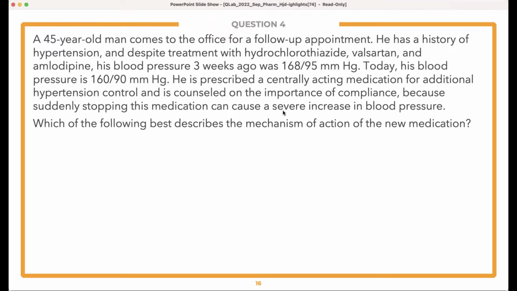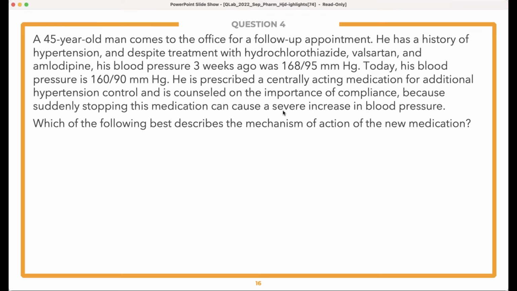He is prescribed a centrally acting medication for additional hypertension control, and is counseled on the importance of compliance because suddenly stopping this medication can cause a severe increase in blood pressure. So with that, which of the following best describes the mechanism of action of the new medication?